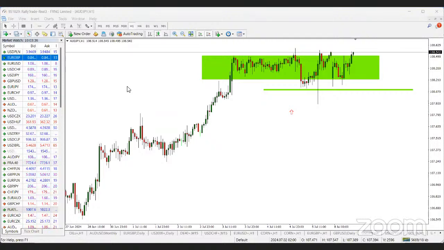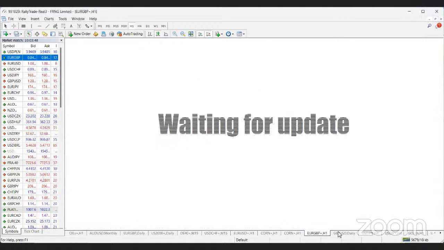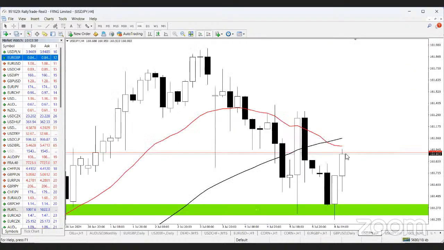My question is just on your MA, the red line. Is it 21 or 50? The red is 21, exponential. The black is also exponential. Okay, sir. Thank you.